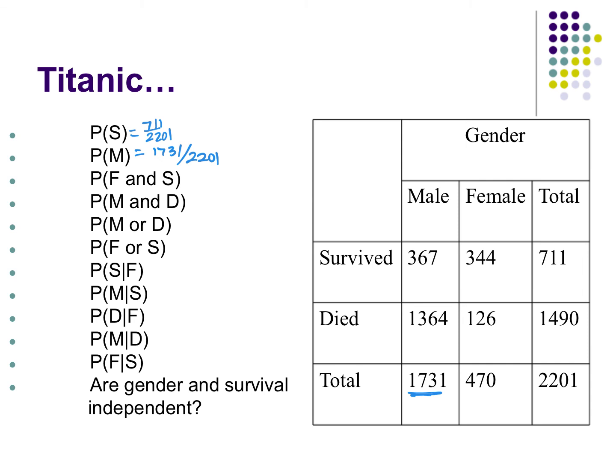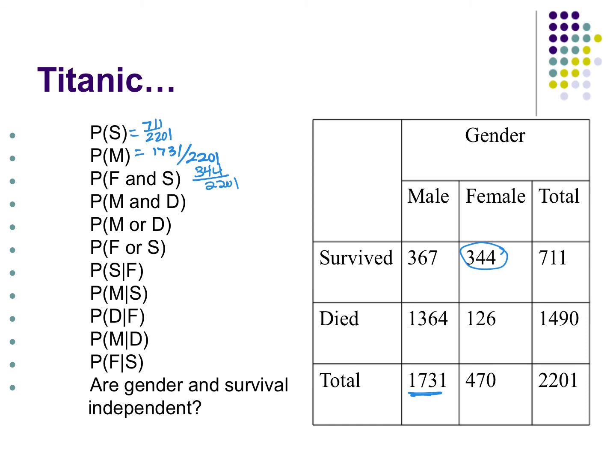So, what is the probability that a randomly selected passenger was a female and survived? Out of? Yes, female and survived is the 344 out of the 2201. We're not saying given she survived. We're saying what's the probability that anybody on the boat was female and survived.